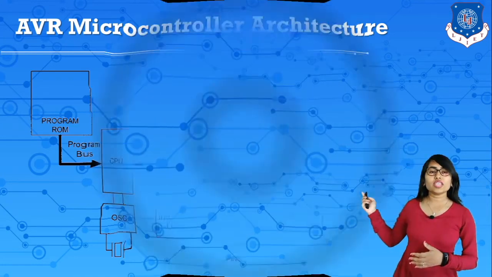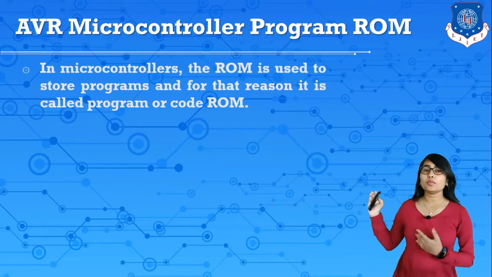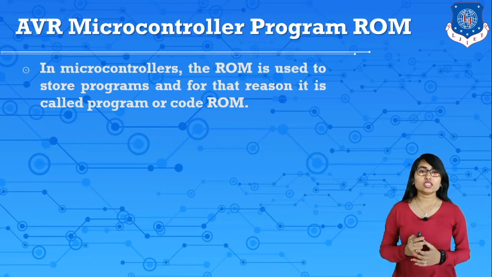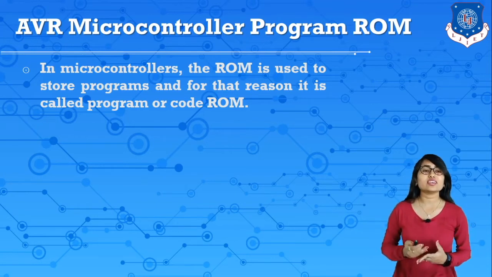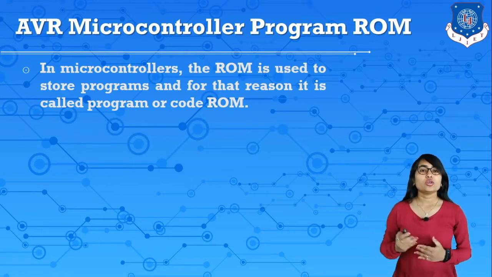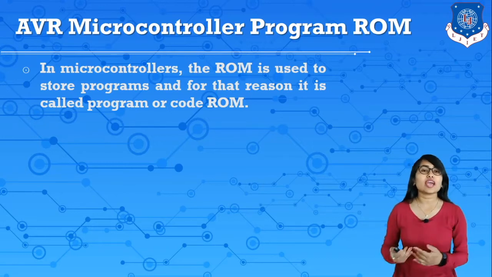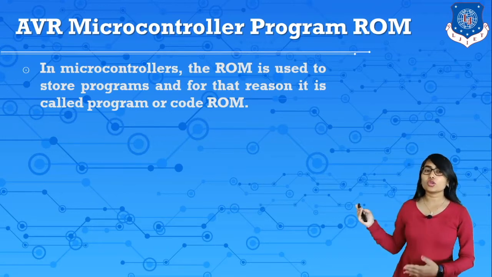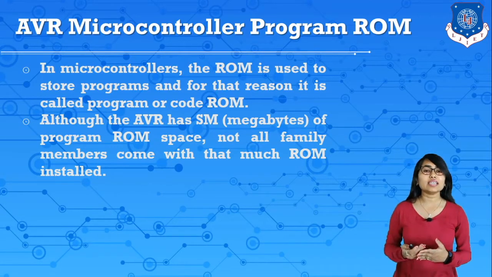The first functional unit is the AVR microcontroller program ROM. In a microcontroller, the ROM is used to store programs, and for that reason it is called program or code ROM. ROM means read only memory, and to store programs we have a program ROM. This AVR has basically megabytes of program ROM space.